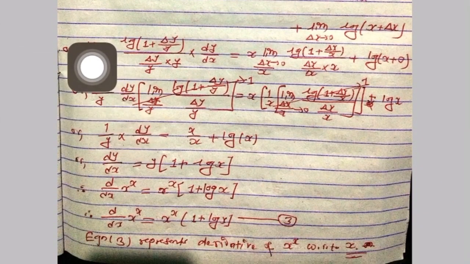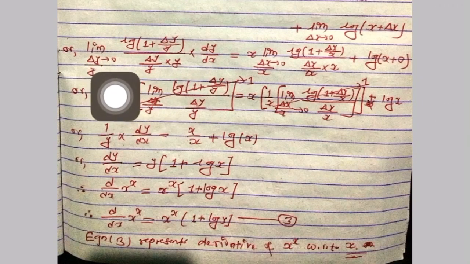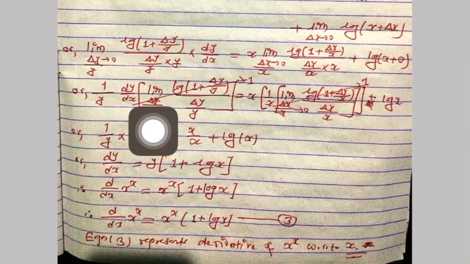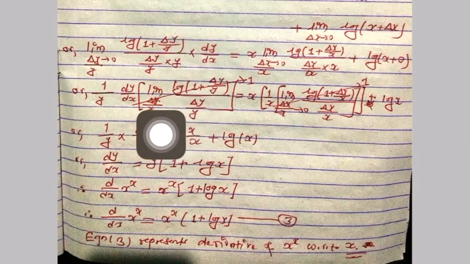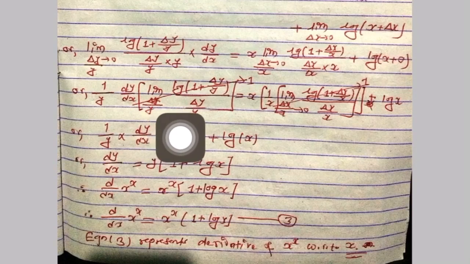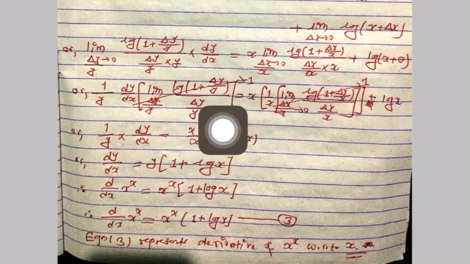On the right hand side I can write here 1 by y outside the limit, because this term is independent of del y. So 1 by y, and after that dy by dx is there, and this term is written inside the bracket limit del y by y tends to 0 log of 1 plus del y by y whole divided by del y by y.